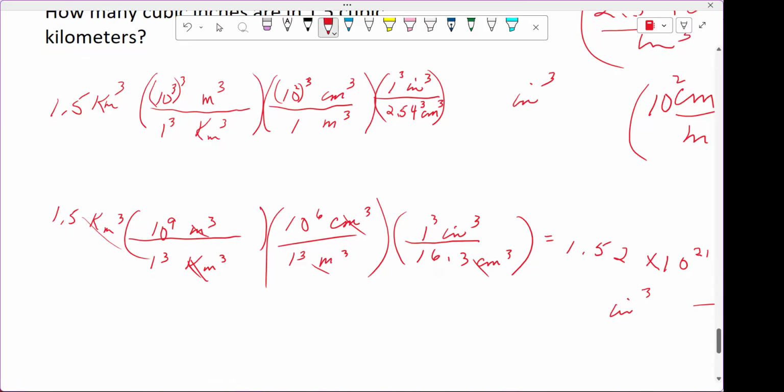There's 1.6 kilometers to a mile, getting close to a mile. Cubed, that's a mile by a mile by a mile. And we're talking about cubic inches, so it's quite a big number.